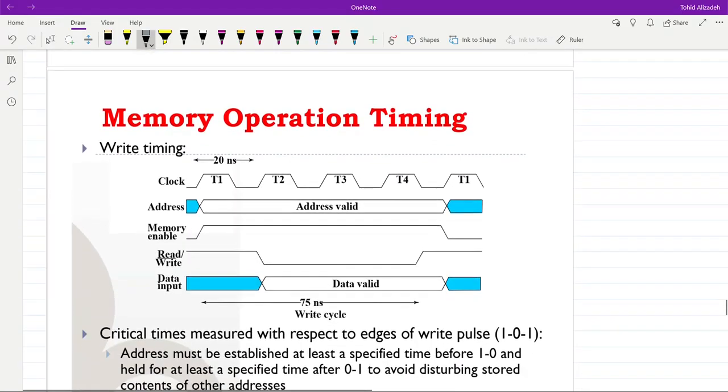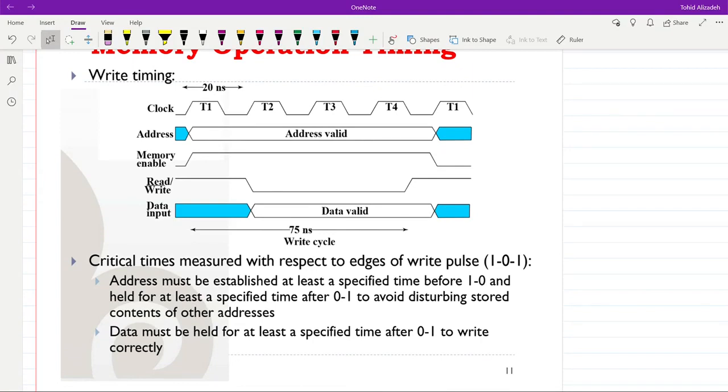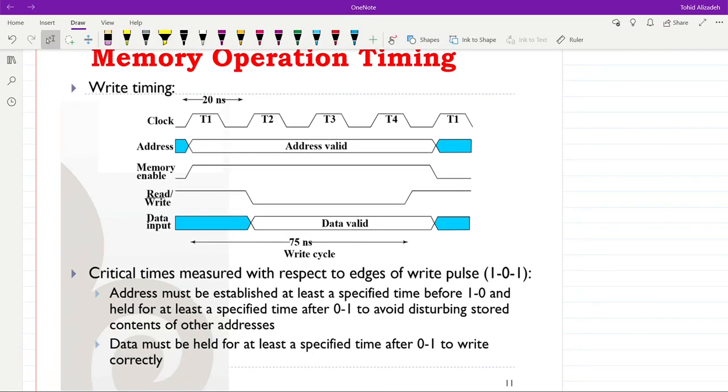Similarly, for the memory write operation, we have the timing. So you can see the write timing. It takes 75 nanoseconds for the write operation to complete by the memory. Similarly, 4 clock pulses are used here. In total, until here, 80 nanoseconds is used.